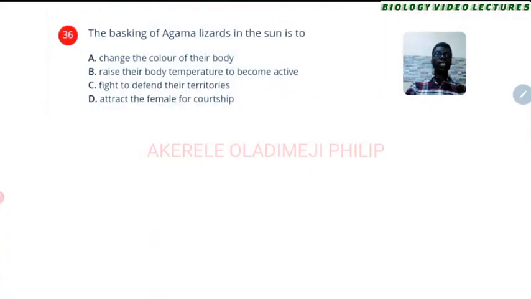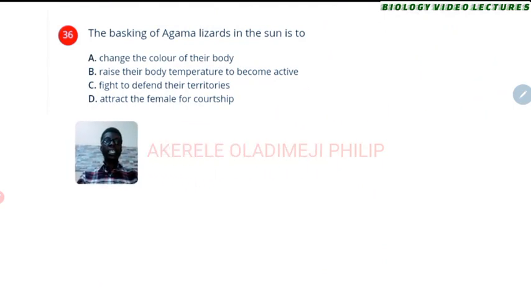The basking, which means staying in the heat, of an agama lizard in the sun is to what? Well, change the color of their body, raise their body temperature and to become active. Yes. So that's because they are cold-blooded. All cold-blooded animals exhibit that in a way.